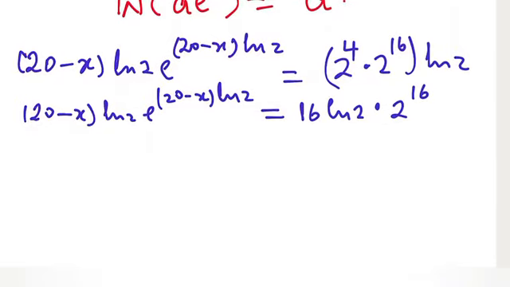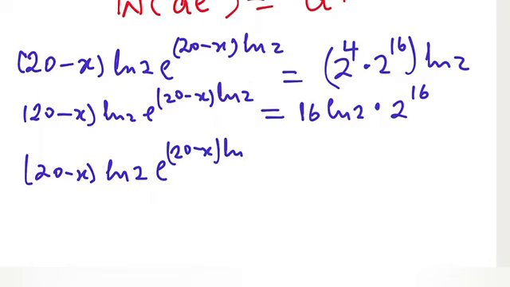So from there, we have 20 minus x ln of 2 e to the power of 20 minus x ln of 2 equals. Now here we can rewrite this also as 16 ln of 2 multiplied by e to the power of ln of 2 raised to the power of 16.